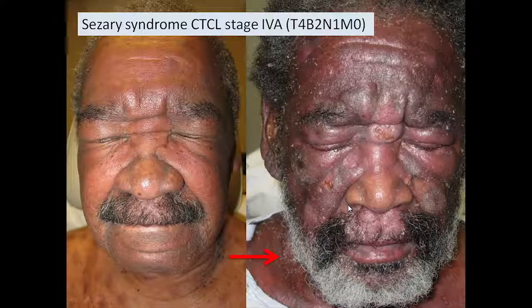So Sézary syndrome. Sézary syndrome, as we mentioned, has different homing molecules. They express CCR7, the central memory cell. Those cells are very much pro-immune suppression.